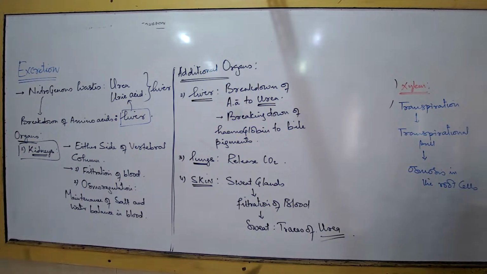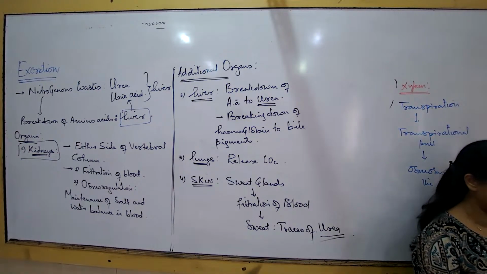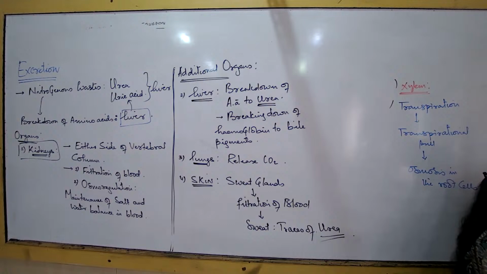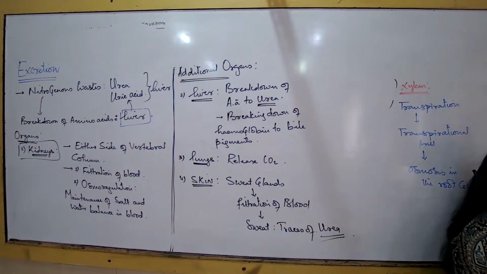From the kidneys, narrow tube-like structures emerge and move down towards the abdomen to enter a muscular bag-like structure. What is this muscular bag-like structure known as? The urinary bladder. The urinary bladder again has a narrow, short, tube-like structure known as the urethra, which opens to the outside of the body.